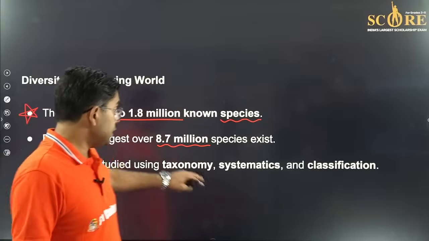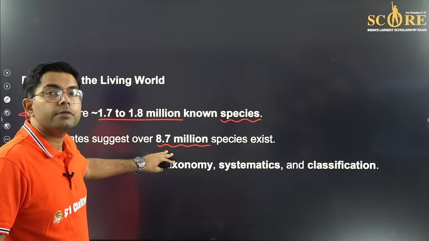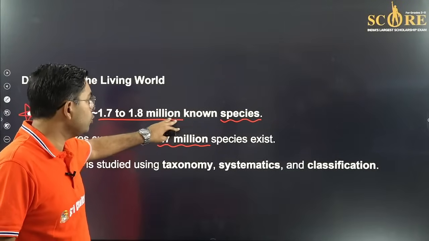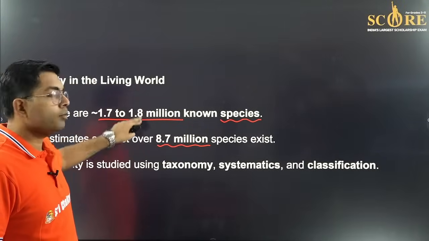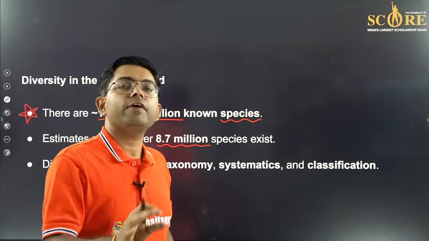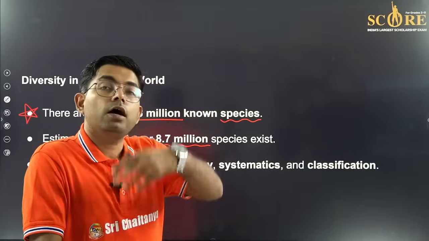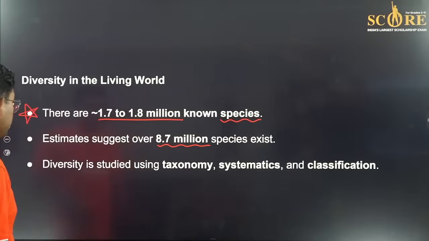Means total it is expected that there might be 8.7 million species, but how many have we known till now? Only 1.8. Means we have not even known about 25% of the existing living organisms. Still a lot is yet to be discovered, right?